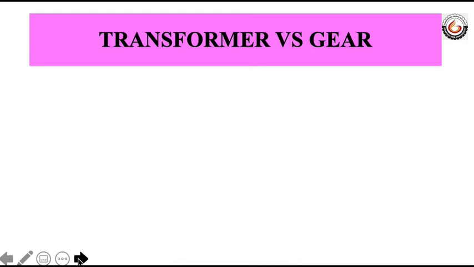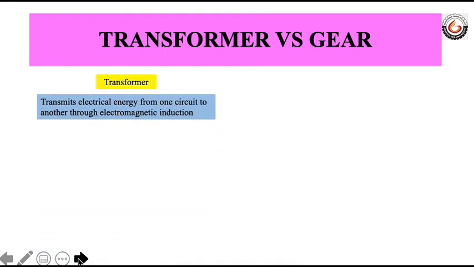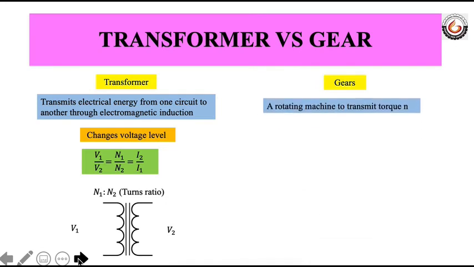Other kinds of basic elements which we learn are systems which just transform energy from one system to another. In the electrical domain, we know the transformer, which transmits electrical energy from one circuit to another through the electromagnetic induction property. Analogously, in the mechanical domain, we have gears, which transfer mechanical energy from one mechanical system to another.